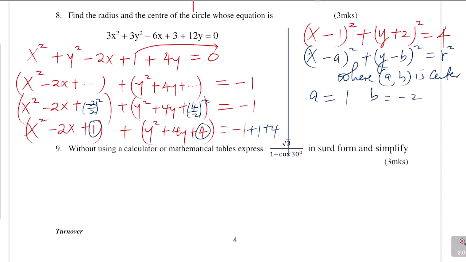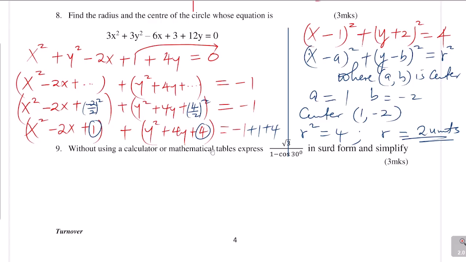So therefore the center, written in terms of coordinates, will be (1, negative 2). Then compare the radius. Radius squared is equal to 4. Therefore, radius is equal to, we only consider the positive, 2 units, the distance. So that is how you work out question number 8.